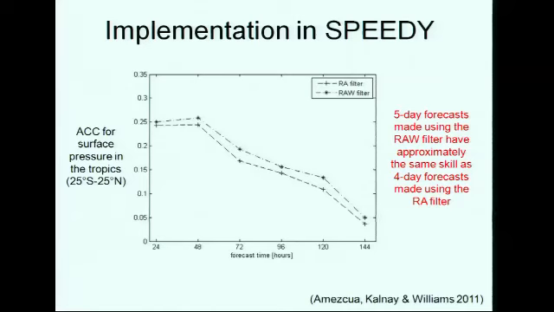But the key result here is that the skill score is better with the modified filter, the RAW filter, than it is with the default Robert-Asselin filter in this scheme. The differences here are statistically significant. And in particular, 5-day forecasts using the RAW filter turn out to have about the same skill as 4-day forecasts using the default time-stepping scheme, as you can see by comparing these points.